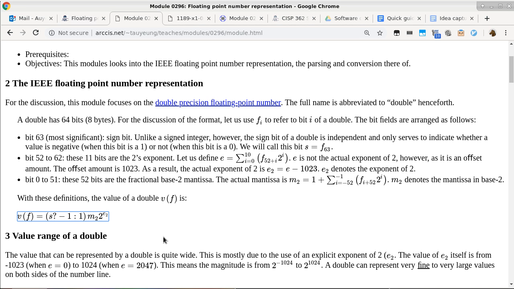Let me give you an example of a 64-bit floating point number, and then we'll do it in both directions. I'll give you the bit pattern, and then we'll convert it into the value it is representing, and then I'll give you a value and convert it back into the double representation. We'll choose 2 different values. Hopefully that will illustrate what we mean by all of this stuff here.